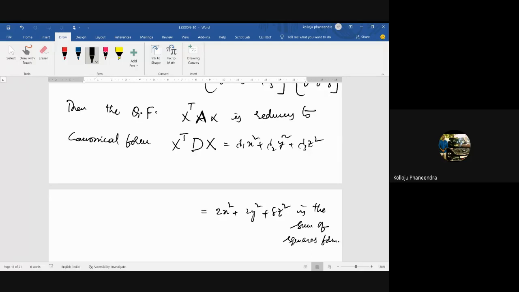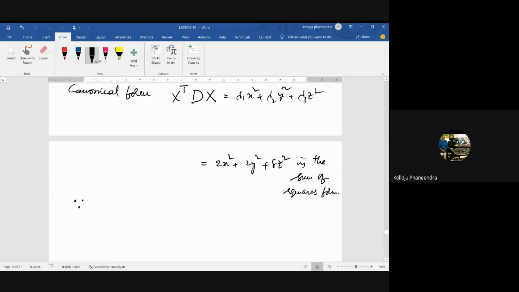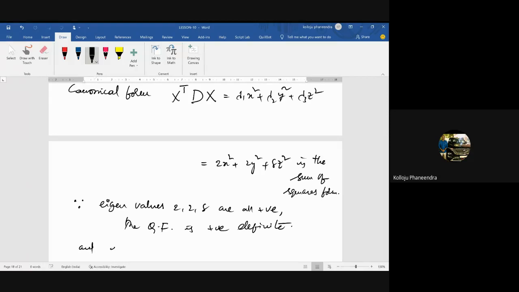Okay, next, now properties. Since the eigenvalues 2, 2, 8 are all positive, the quadratic form is positive definite. And in canonical form, all the terms are positive. How many terms?